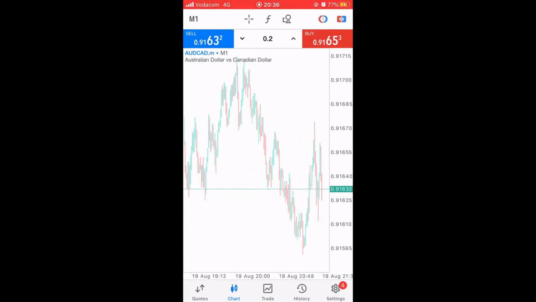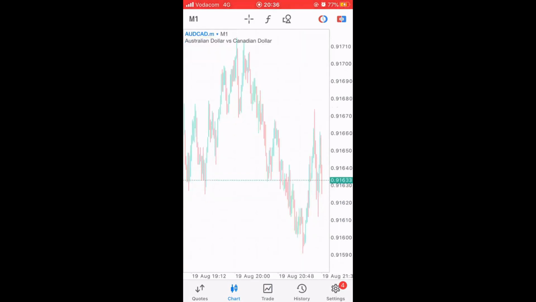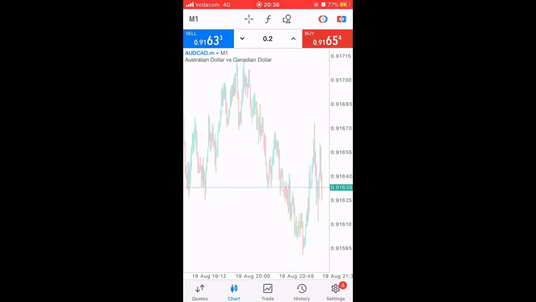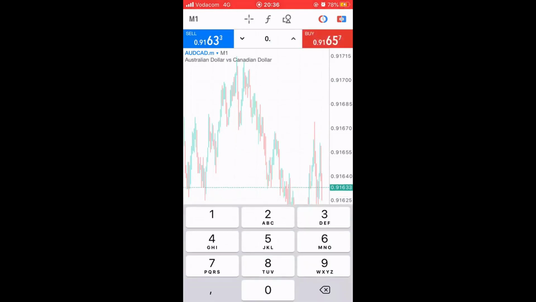Anyways, if you open the trade, you click there. You have an option to choose there. That 0.2 is your position size. How much are you buying, right? If I edit that, I can make it 0.01. That is called a micro lot, and then 0.1 is a mini lot, and then a lot is just one.